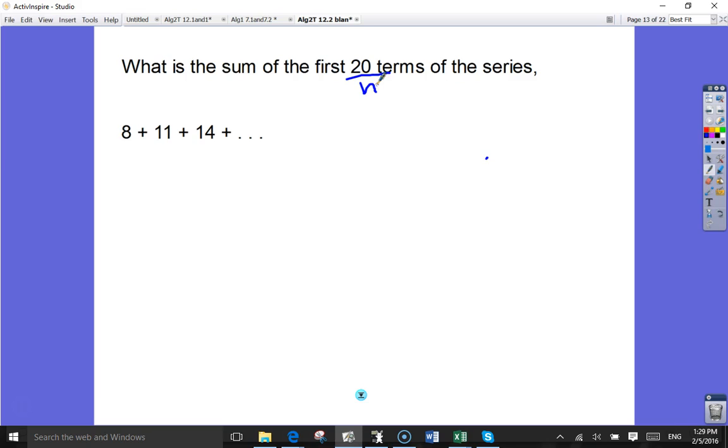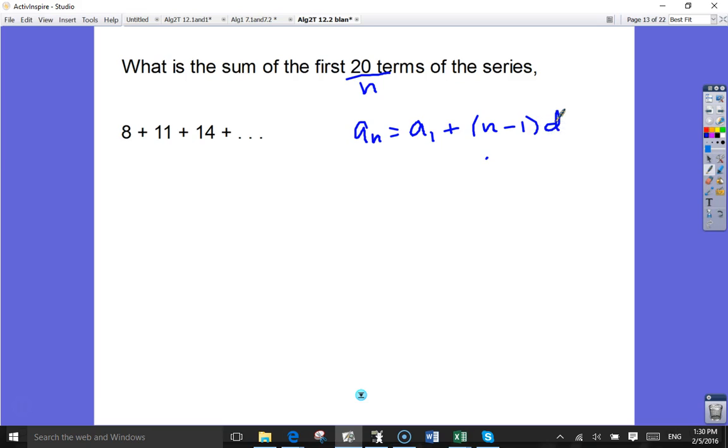Okay, and if I didn't have the last slide, because I already know what it is, it's 65. But how would I find the last term if I just had this to work off of? I would use this formula, right? I would use the AN equals A1 plus N minus 1 times D, right?